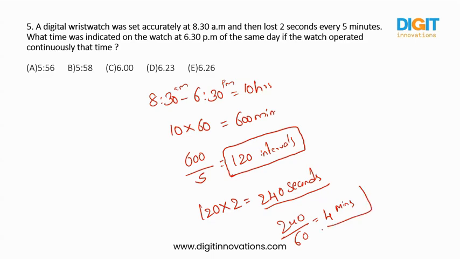So 4 minutes is being lost by the watch. So what time it has to be shown rather than 6:30, they're asking. If we remove 4 minutes from 6:30, it should be 6:26. So 6:26 should be the exact time if it lost 2 seconds for every 5 minutes. Okay. I hope you're clear.